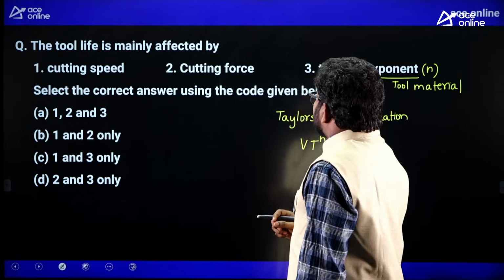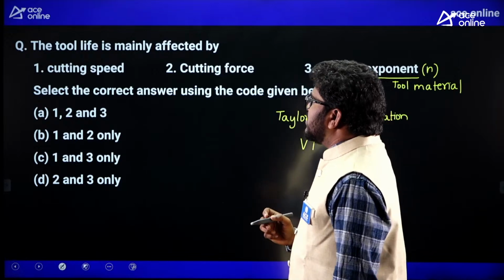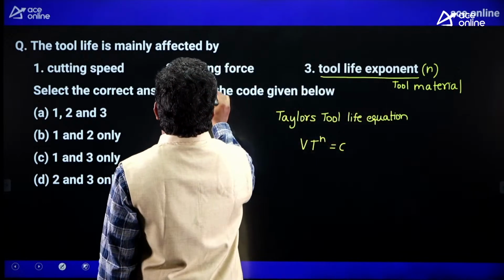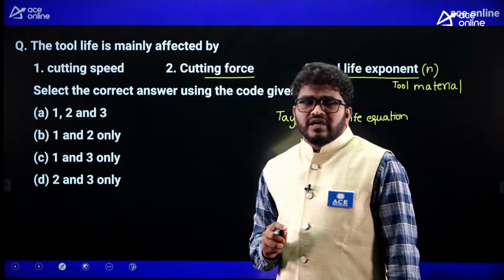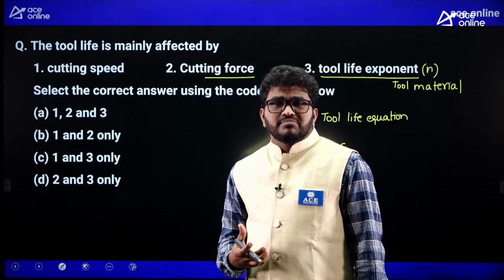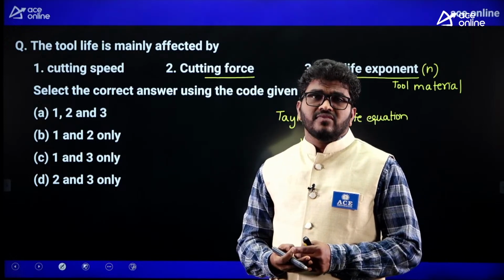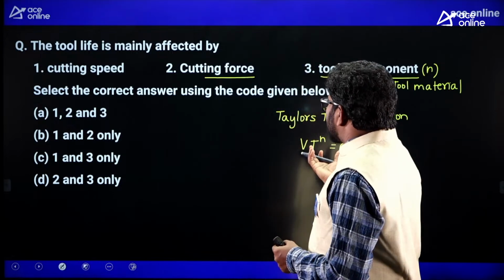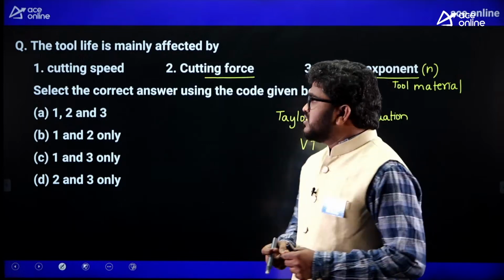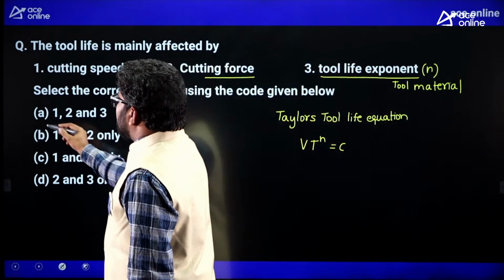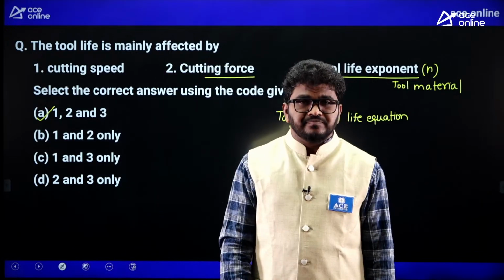So 1 and 3 most of you people will think, and also here I am saying that tool life also depends on the cutting force. If the cutting force increases, with more applied force, tool life is also going to decrease. Based on the Taylor tool life equation you are familiar with speed and tool life, it also depends on the cutting force, so the most appropriate answer for this question is 1, 2 and 3. Remember.